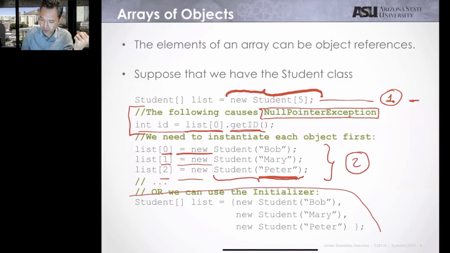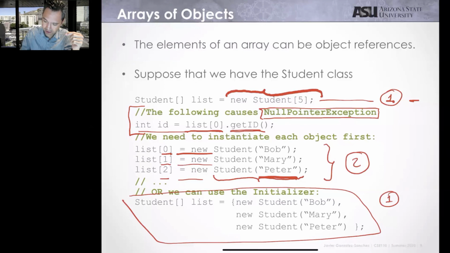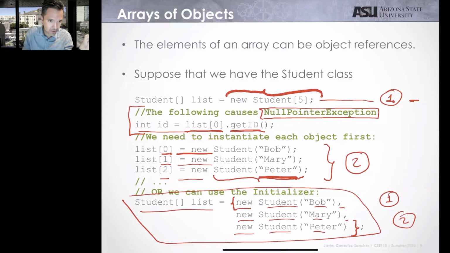You can do this for an array of objects, and this is the same as 1 and 2 together. Values, these news, are new students, new objects, separated by commas, inside of these curly brackets, the initialization list, and then your array.